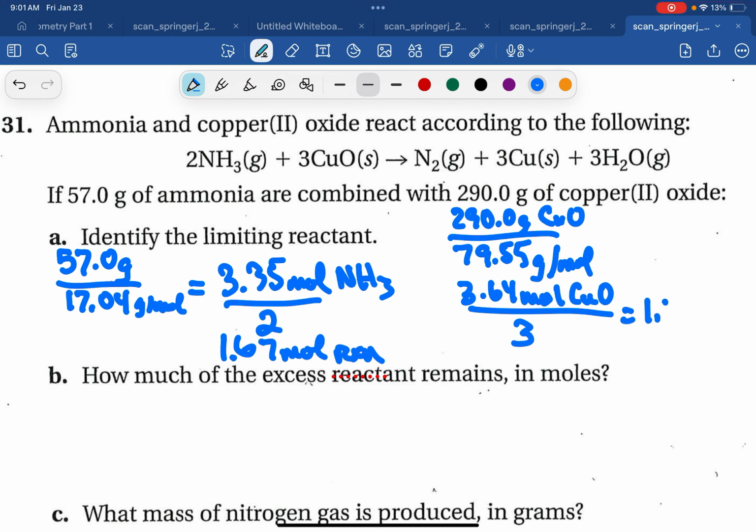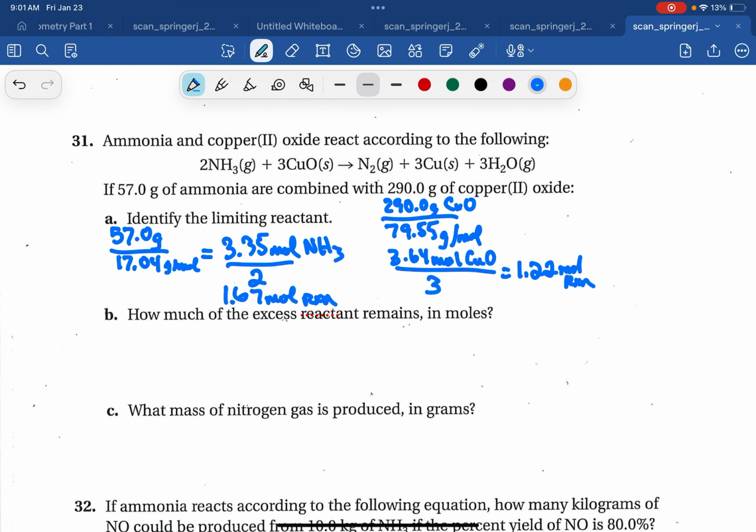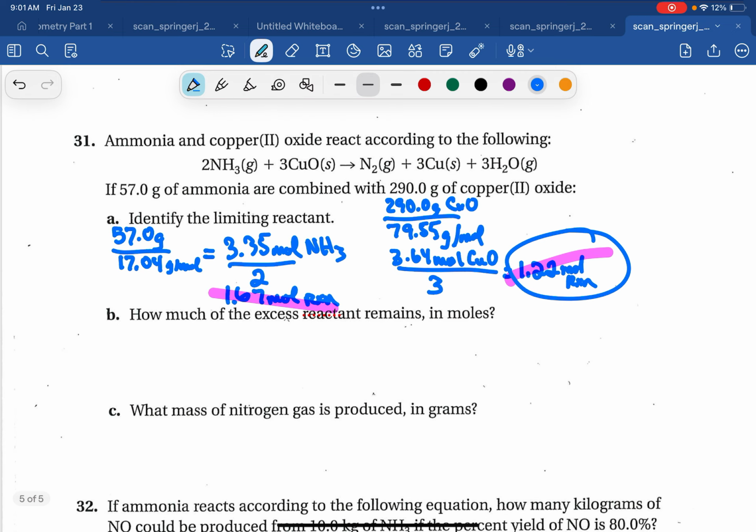I get 1.22 moles reaction. And now what I do is I look for whichever one is smaller. Which is smaller, 1.67 or 1.22? I think it's the 1.22, so that means that CuO is the limiting reagent or reactant, as the case may be.